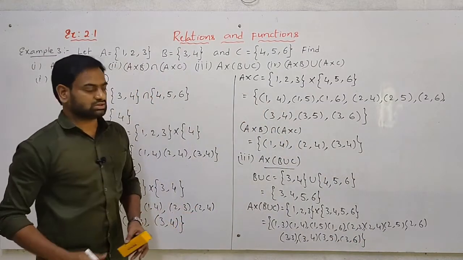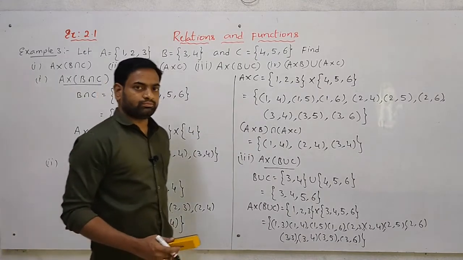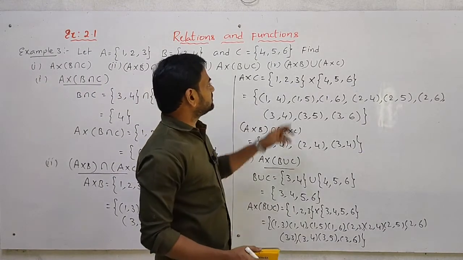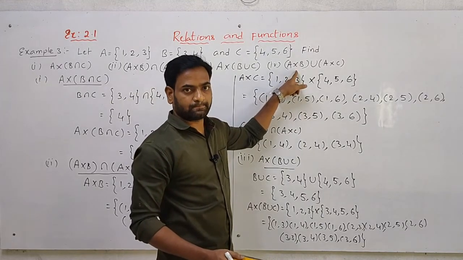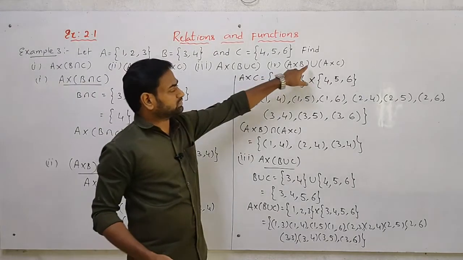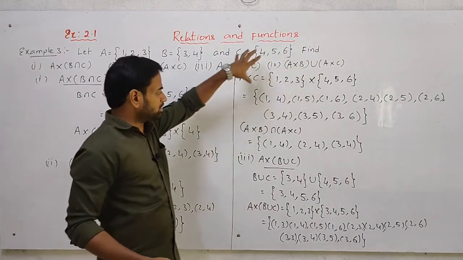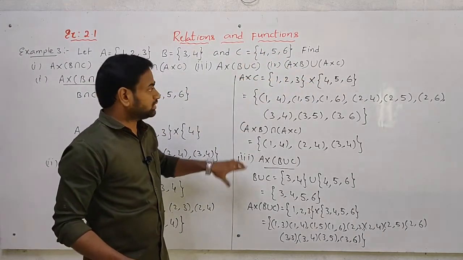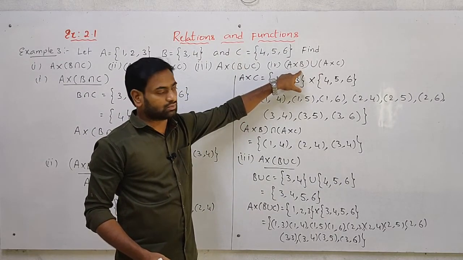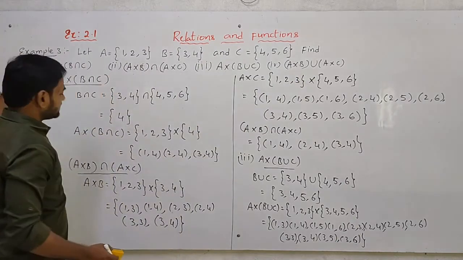That is A cross of B union C. That is the third one. And I think you can try the fourth one the same way. I solved 3 problems in this one. Now you have to solve the fourth one. Okay, that is the problem of example 3.